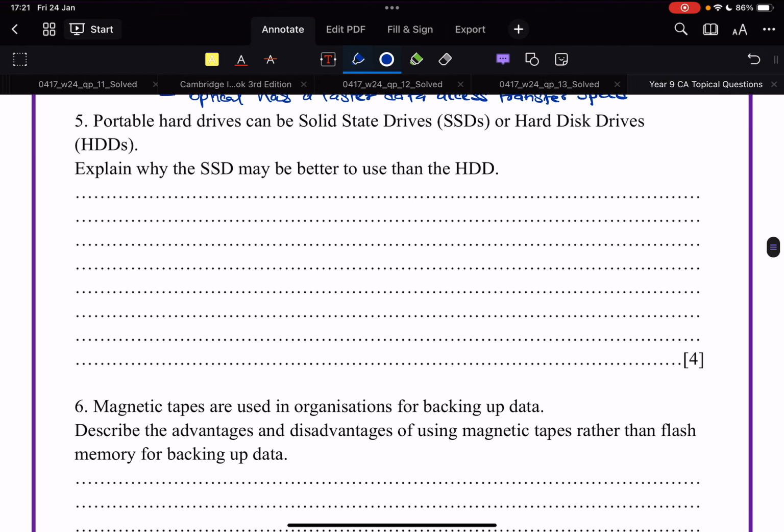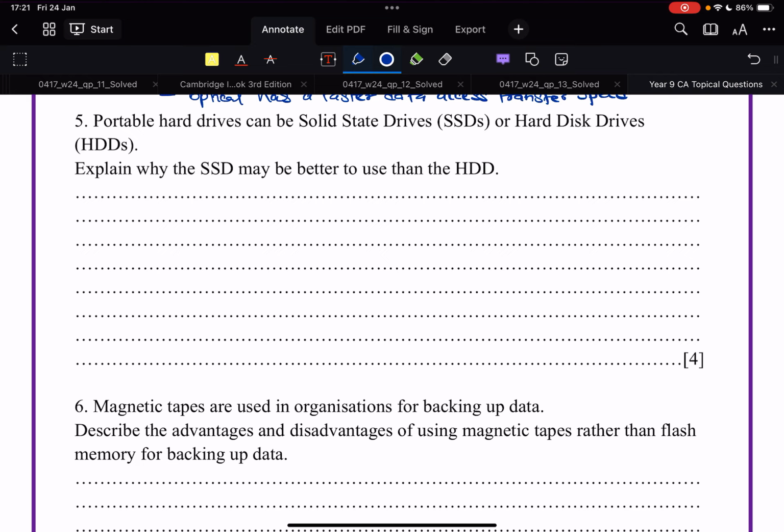A portable hard disk drive can be a solid state drive or a hard disk drive. Explain why SSD may be better to use than HDD. Okay, let's start with the fact that with the introduction of SSD into laptops, we can now see that the SSD is more portable than the HDD.